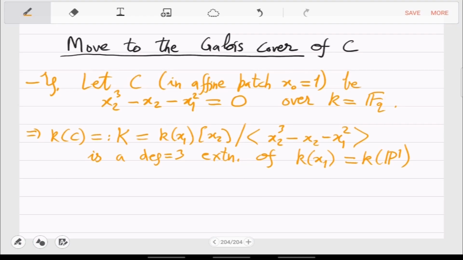The problem is that once you fix x1, this becomes a univariate polynomial in x2 of degree 3. For example, x2 cubed minus x2 minus 1. So there should be 3 roots. Now, since you have modded out by just this polynomial, it gives you only 1 root. The other 2 roots are missing.